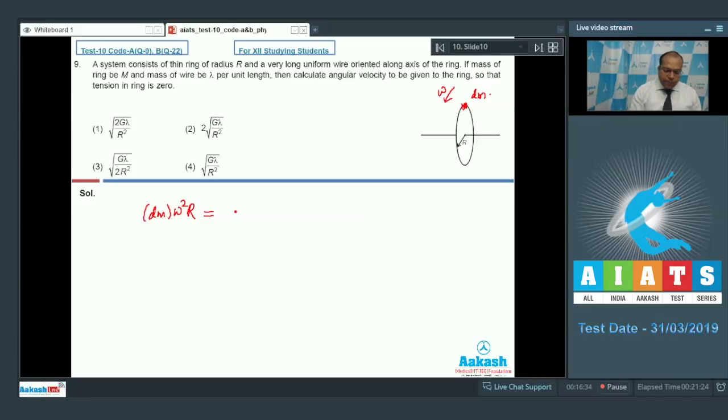So that is equal to dm into the gravitational field at the location of the element, which is given by 2g lambda by r due to the infinite wire. So on solving, the value of omega comes out to be square root of 2g lambda by r square. So option 1 is the correct answer. Let's move to question number 10.